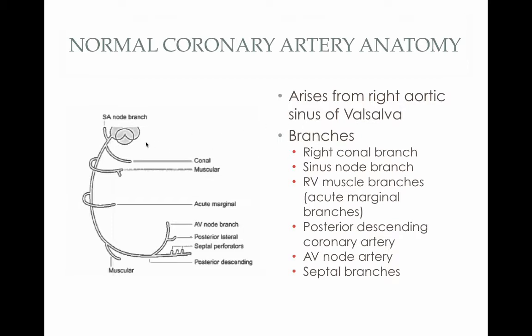So the right conal branch, sinus nodal branch, RV muscle branches, acute marginal branches, posterior descending coronary artery, and then AV node artery, and then septal branches, all that feed the right side of the heart and the inferior portion of the heart. Now, inferior wall, inferoseptal portions of the heart.